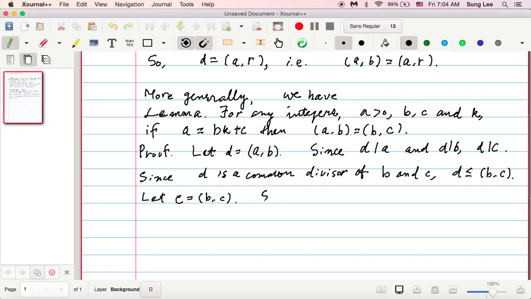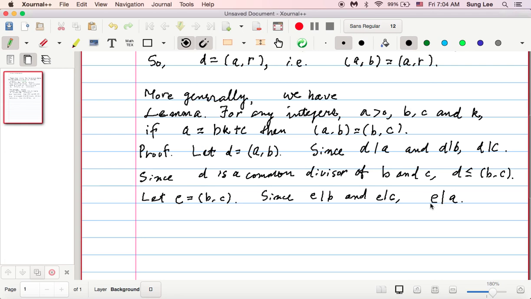Okay, so in this case, E divides B and also E divides C, so E must divide any linear combination of B and C. Obviously it has to divide A as well.